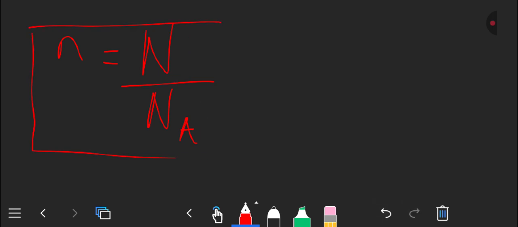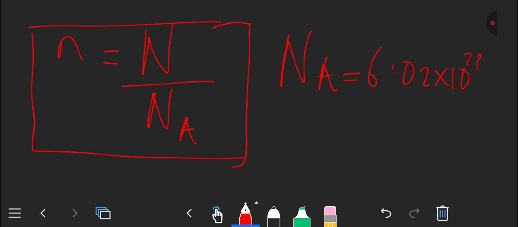So from this definition, you can say that the number of moles is equivalent to the number of particles over the particles in the Avogadro's constant, where n is the number of particles and Na is the Avogadro's constant, which is 6.02 times 10 to the power 23.